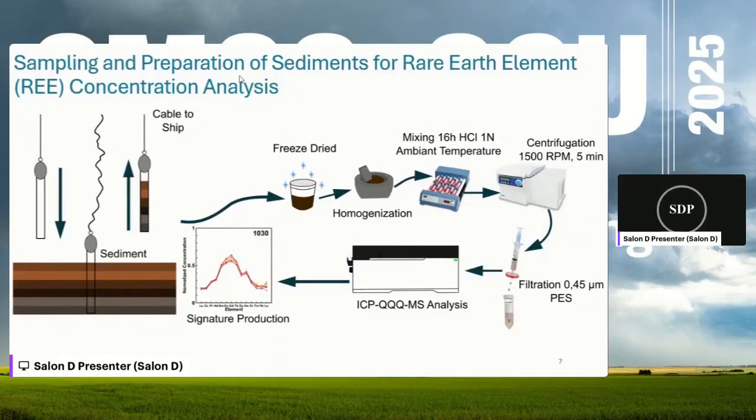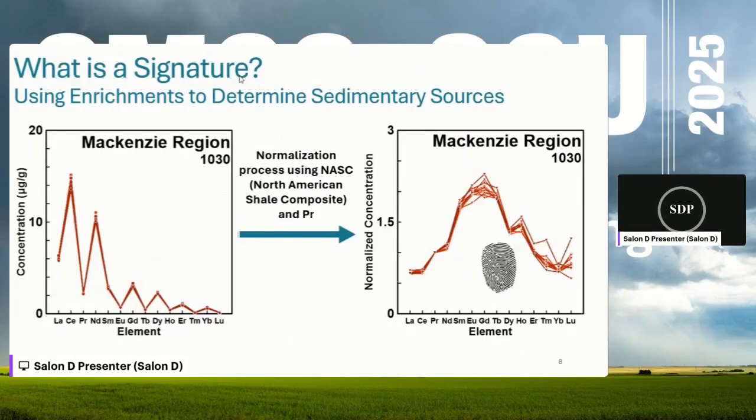A signature, well, first, when I took my sample and did my analysis at the ICP, I had a signature like that. We had the different rare earth elements and their concentrations, and as you can see, there is a big variation. So I did 2 normalizations.